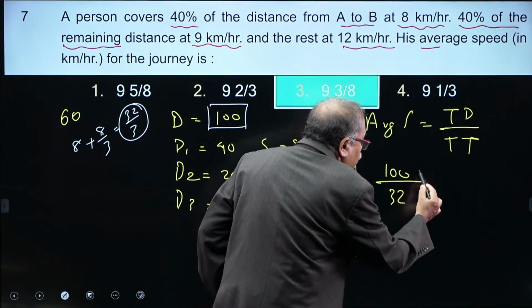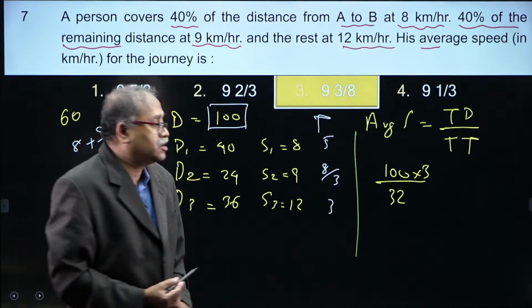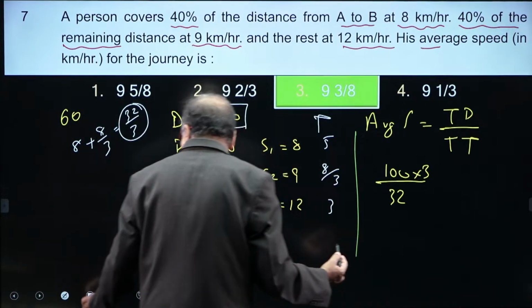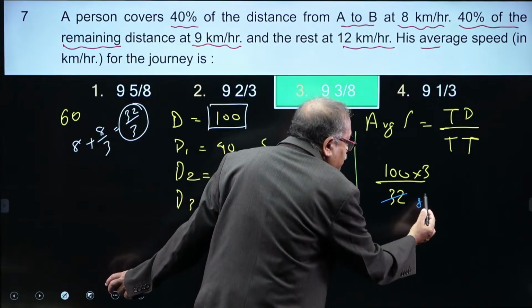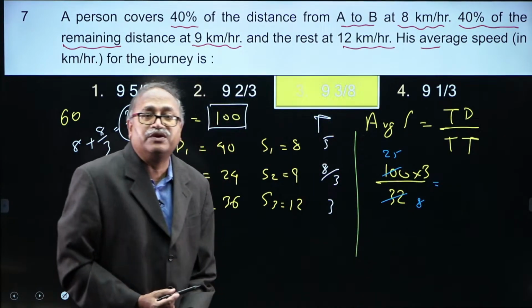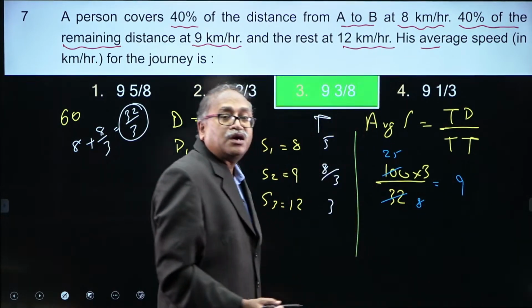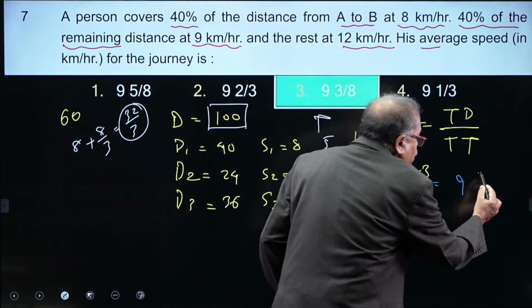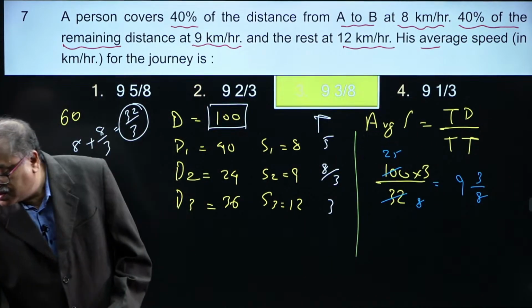So, 32 by 3, in other words, that is 300 by 32. So, this is getting cancelled by 4. I notice that with 4 8 times, with 4 25 times, 25 into 3, that is 75 by 8, 8 9s are 72, and I am left with 3. So, 3 by 8. I am getting 9 3 by 8, sir.